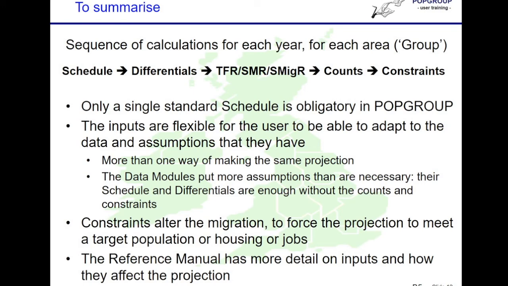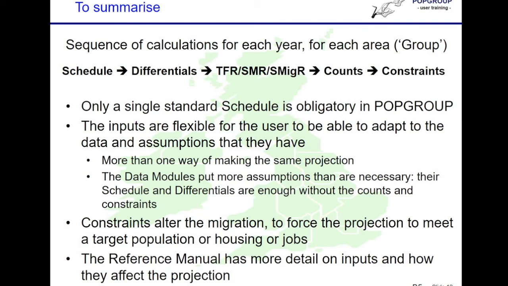So just to summarise, the sequence of calculations for each year and each group that POPGROUP goes through is to start off with a schedule, to apply that to the base population to get an estimate of counts of births, deaths, and migration, but then to scale that schedule with any differentials to either raise or lower the levels of our components of change in areas or over time.